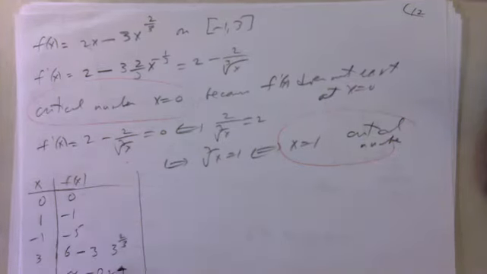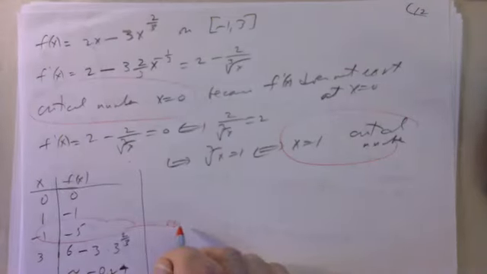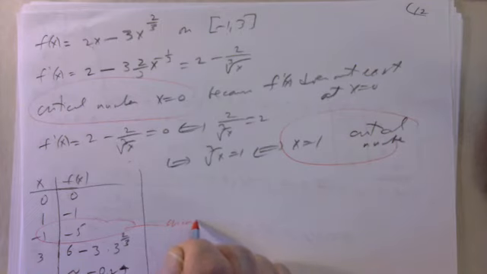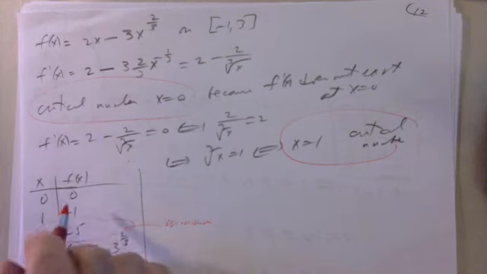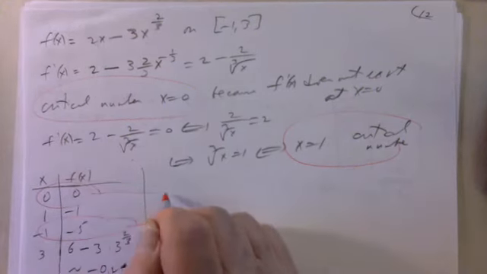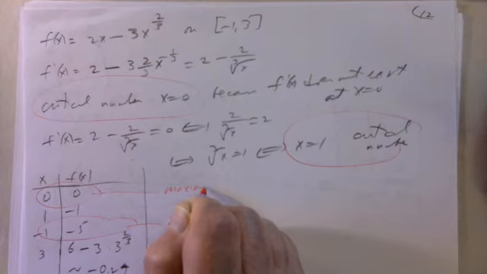So first of all, we can see what's the smallest of these four numbers? -5. This is the minimum. These are all negative, so this has to be the maximum.